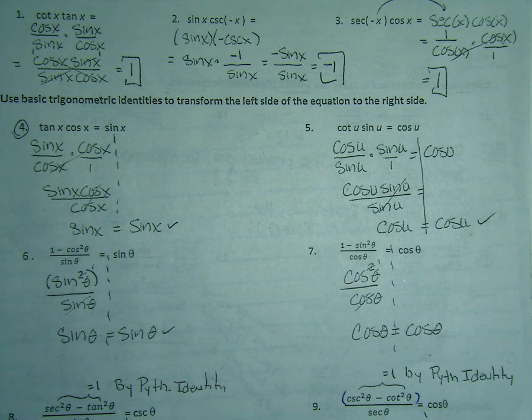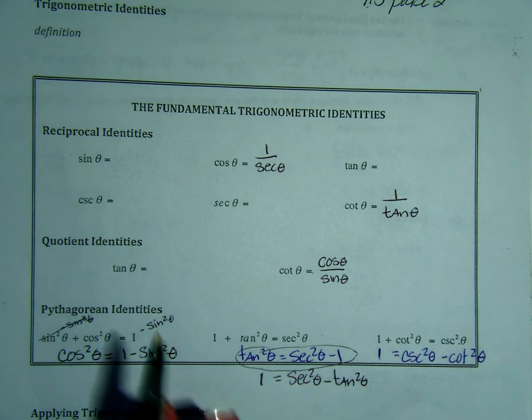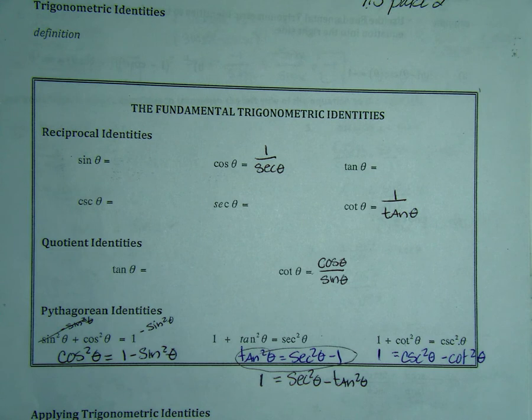The other thing I want to remind you is on the quiz next Wednesday, you will be able to use the identities. In fact, I'll give you an identity paper that has the reciprocal, quotient, and Pythagorean identities in addition to the cofunction identities.